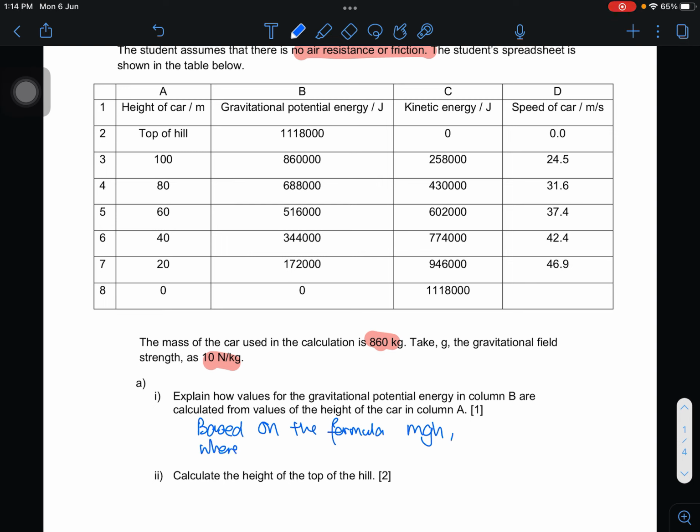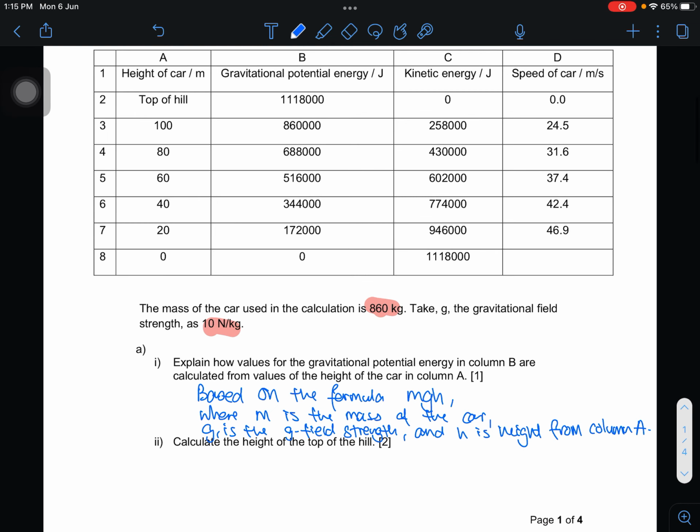Do not just throw in the formula, because you need to explain what they are. m is the mass of the car. g is the gravitational field strength, please spell it out. And h is height, from column A. Be very explicit, because that is what the question wants.